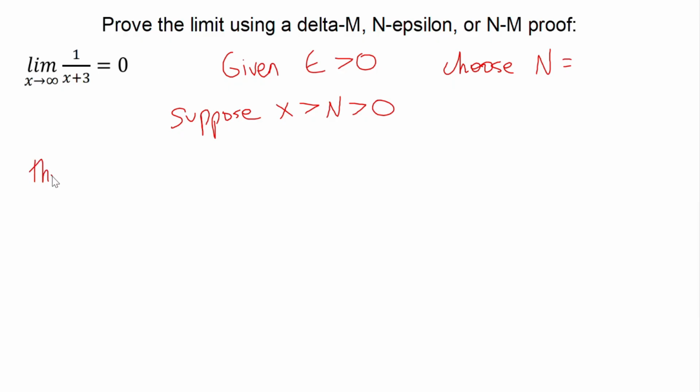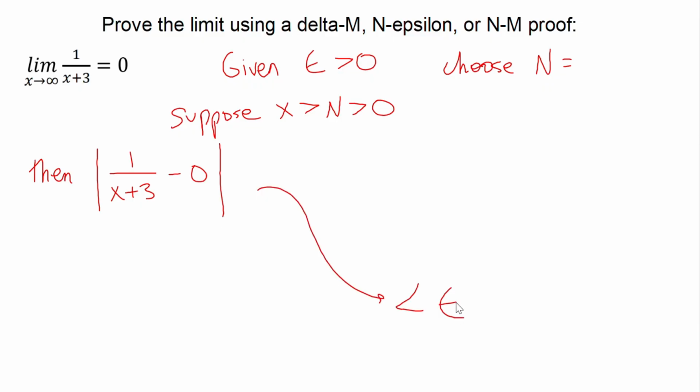We want to show that the absolute value of our function minus our limit is always eventually less than epsilon, where epsilon is written all in terms of constants and n's. So let's see if we can get to that point.